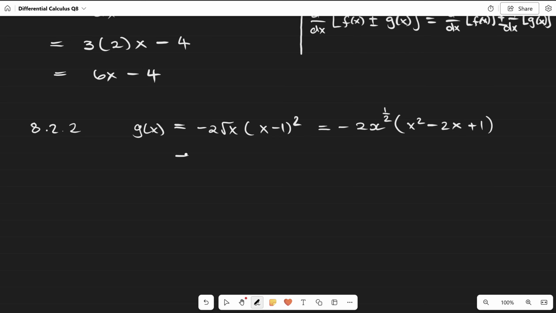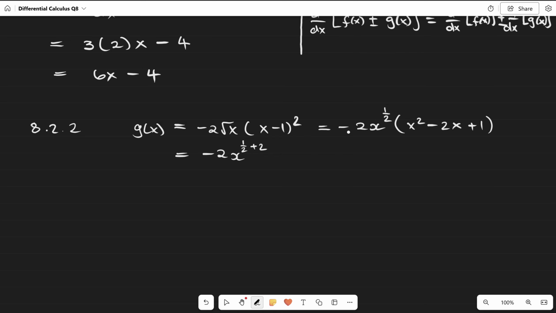So this whole expression is equal to negative 2, unchanged, times x to the power 1 over 2. We know that with the same base, we add the exponents, so this is plus 2.